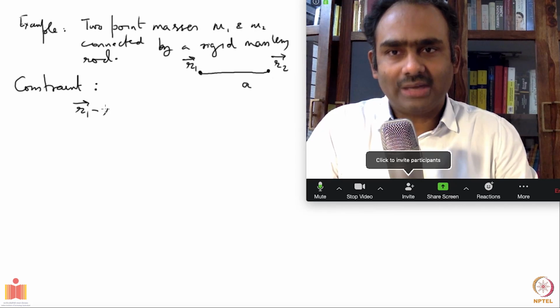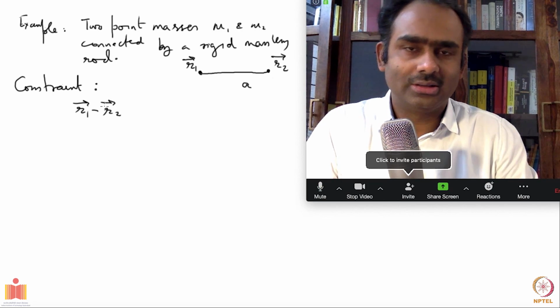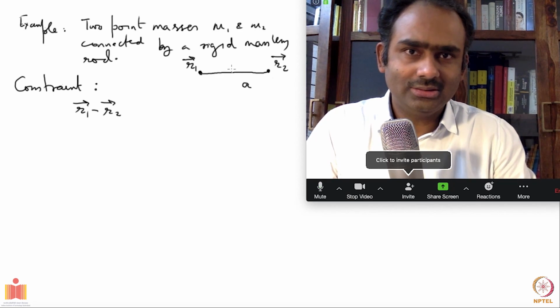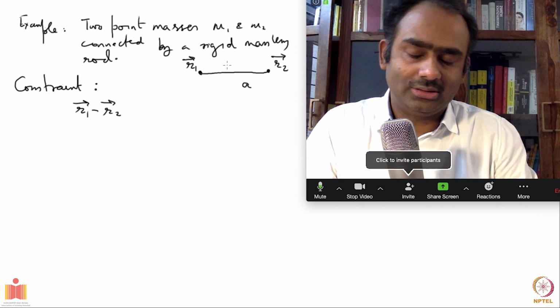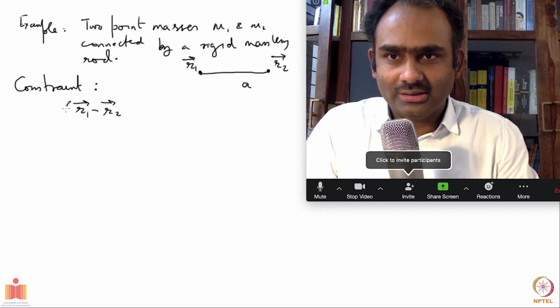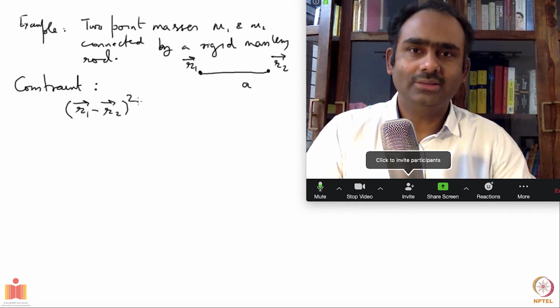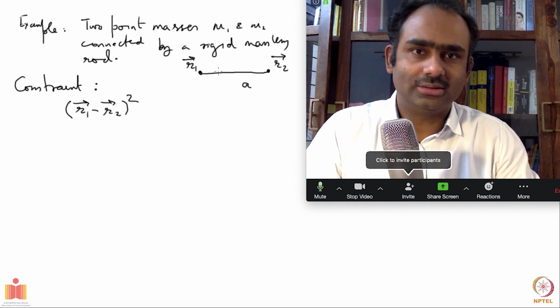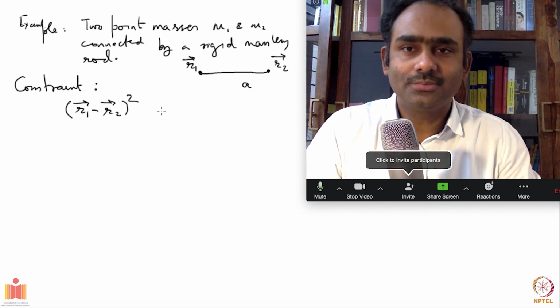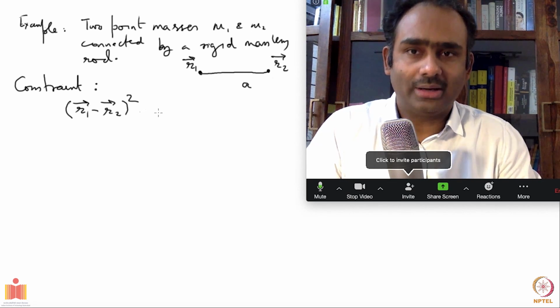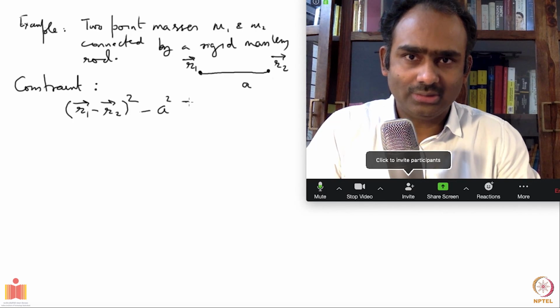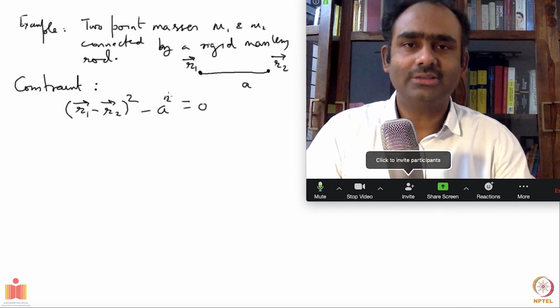So the constraint is R1 minus R2, that's this vector, or you can say R2 minus R1, squared. That square gives you the length of this separation, and it is equal to A squared, or minus A squared equals 0. That's your equation of constraint.